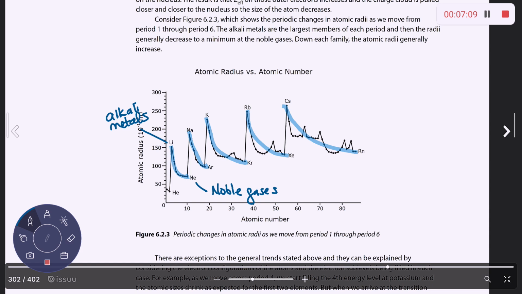That's because the alkali metals would have the largest atomic radius in a period, and the noble gases would have the smallest atomic radius. And then we can take a look at the next section when you guys are ready.